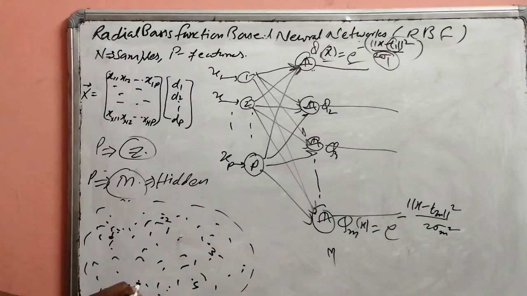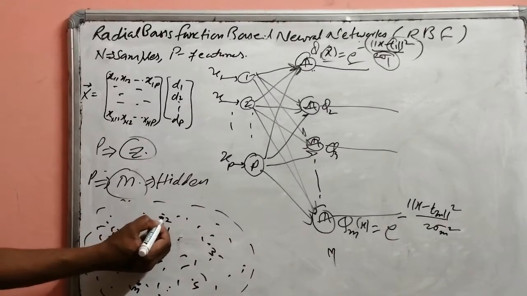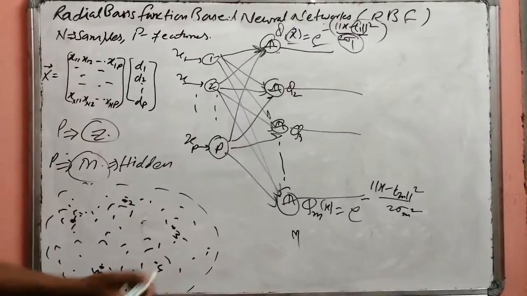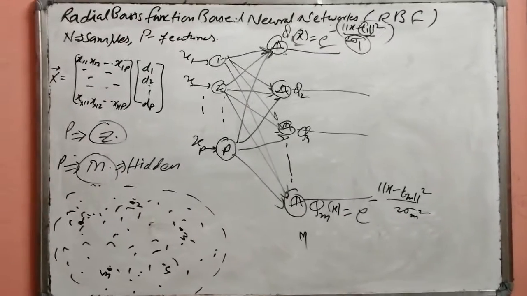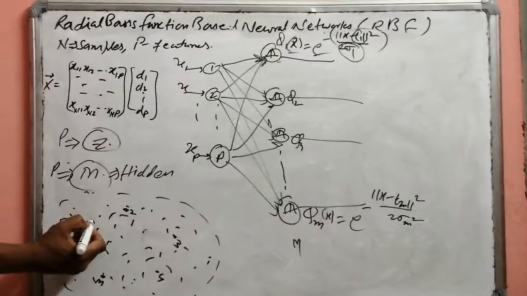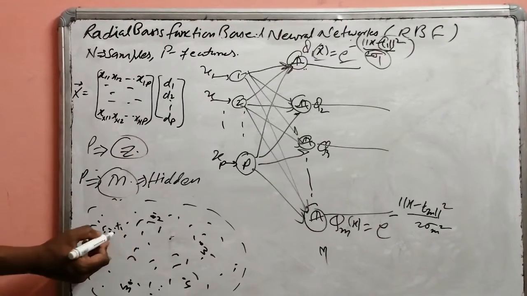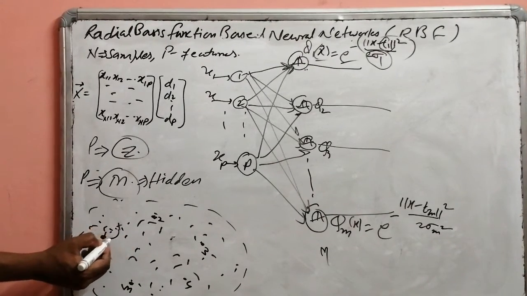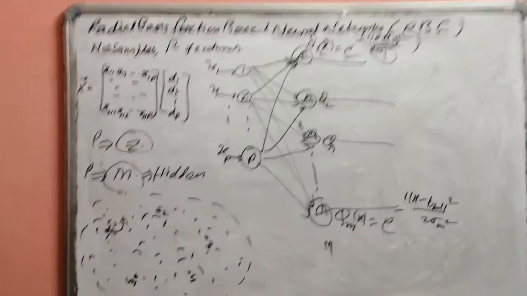So m points were designated in this space, and step number 1 is to try to assign a pattern x to the center which is closest to it.